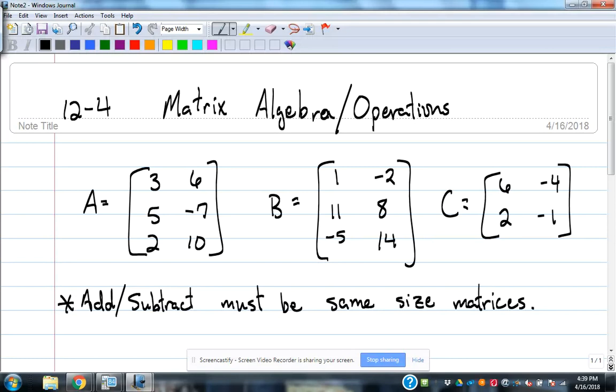Okay, so with these, what size is matrix A? 3 rows by 2 columns.